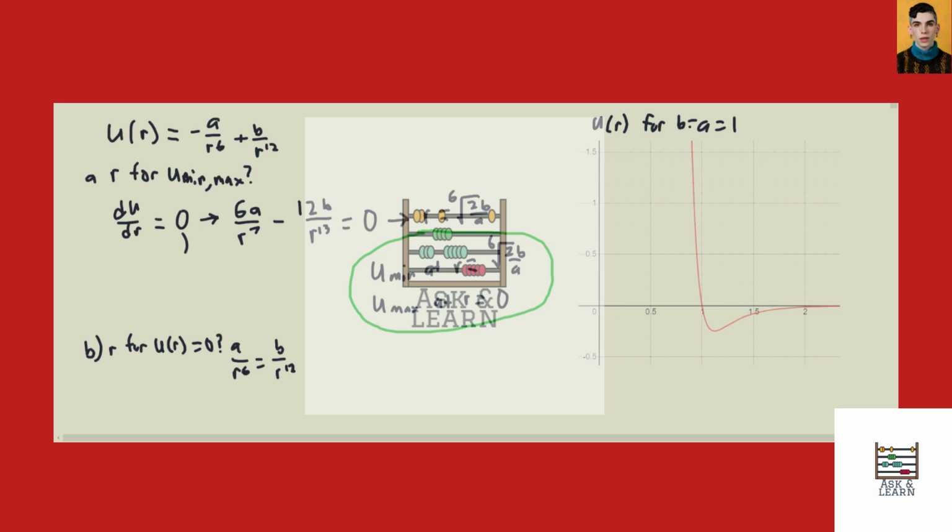And from there we get our solution: R is the 6th root of B over A. And we can verify that with our graph. When B and A are equal to 1, that 6th root will be 1, right? So that will be our part B.